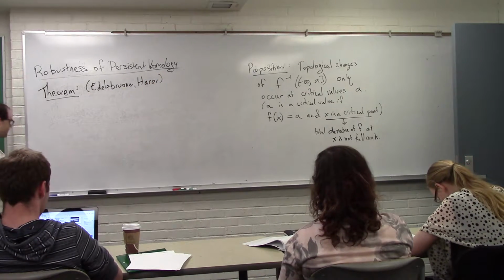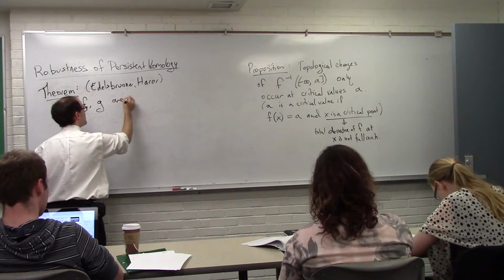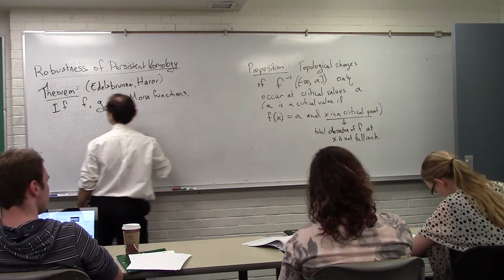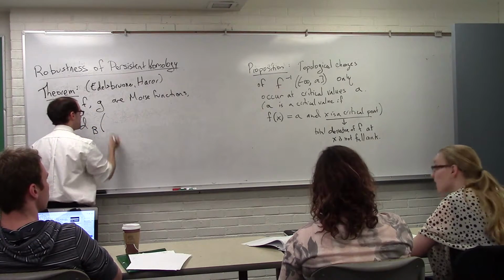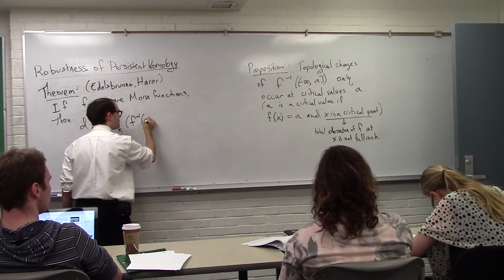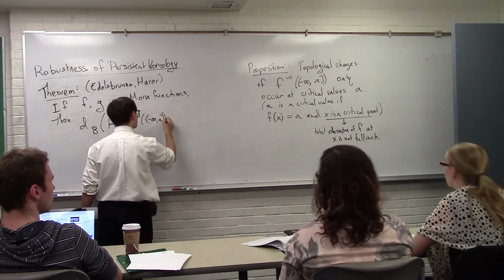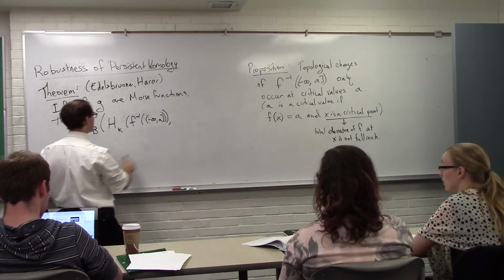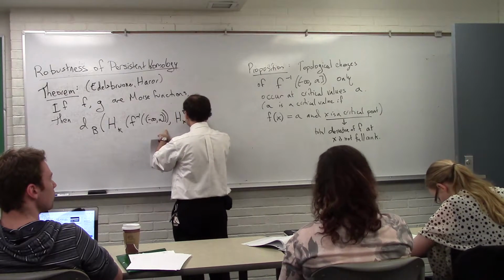Is that if f and g are Morse functions, then the bottleneck distance associated to the homology of, oops, minus infinity to a, so the diagram associated to this homology and the diagram associated to this homology.